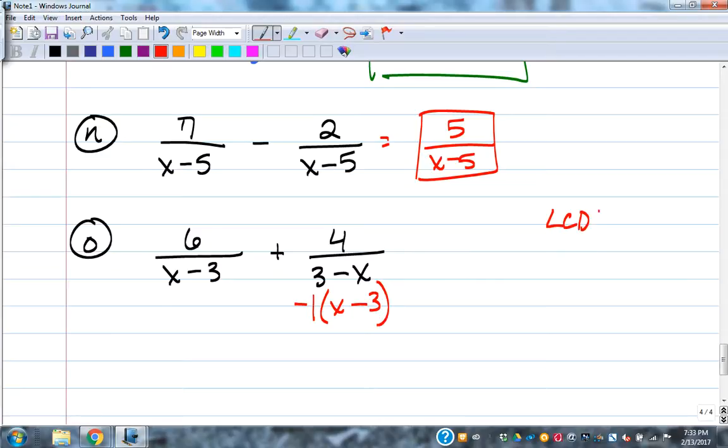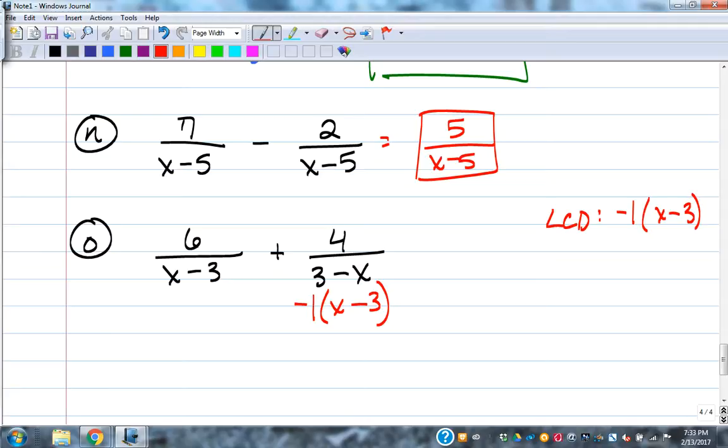And then I can think LCD. Well, the first one has an x minus 3. The second one has an x minus 3 and a negative 1. There's no way to get rid of the extra stuff, so you've got to tack it on to the one that doesn't have it. So the least common denominator is going to be negative 1 times x minus 3.